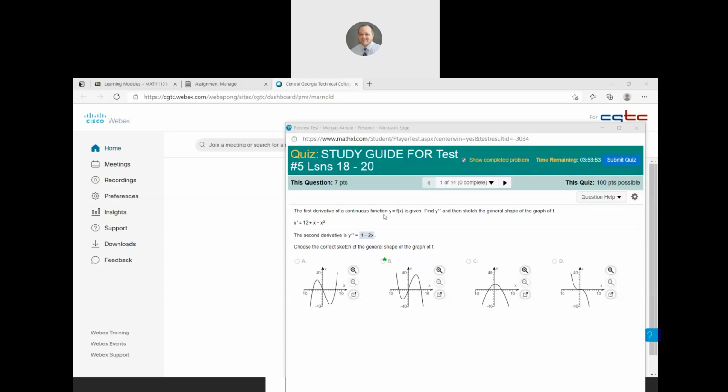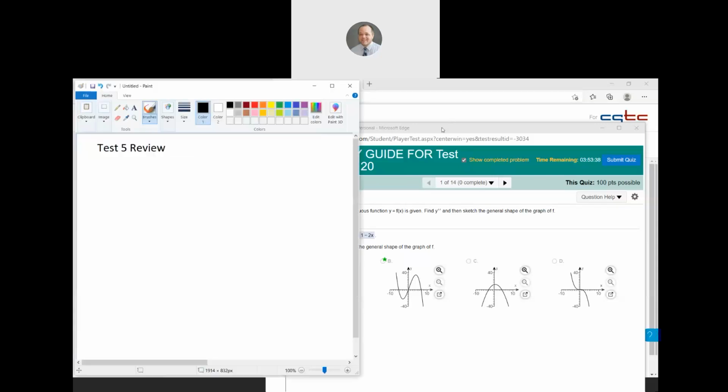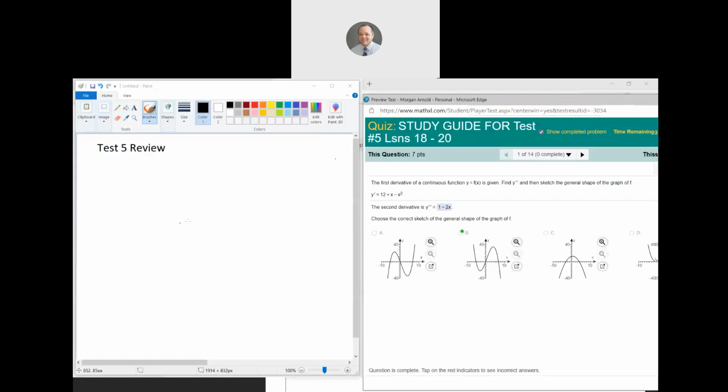Now we need to choose the correct sketch of the general shape of the graph of f. This is where antiderivatives come in. Antiderivative means that you are taking the power rule and working it backwards or reverse.